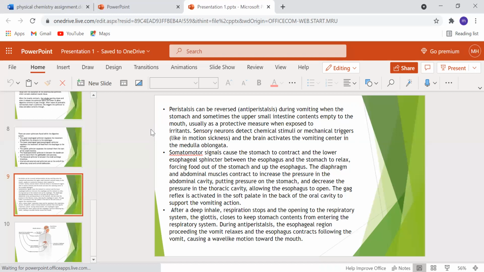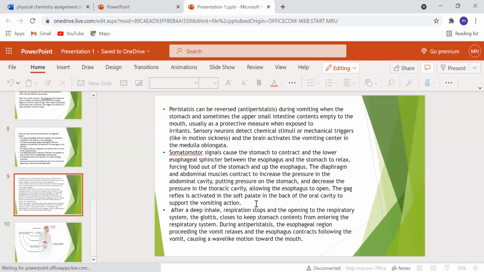We usually notice, whenever we start vomiting, our abdominal muscles and diaphragm muscles contract and put pressure so that it becomes easy to extract all the material, and it decreases the pressure in the thoracic cavity, allowing the esophagus to open.